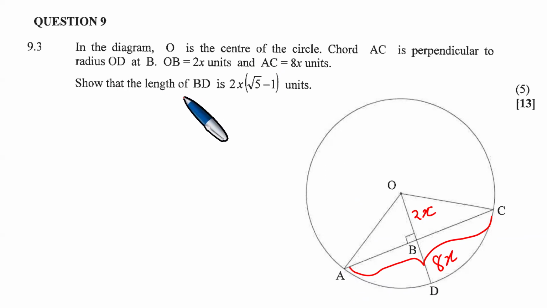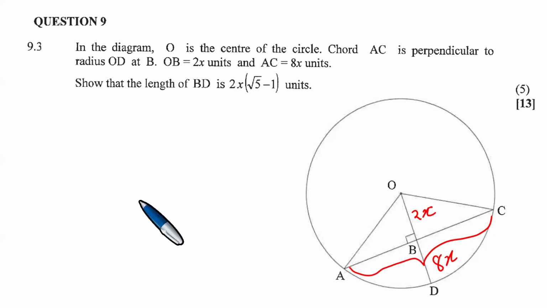Show that the length of BD is 2x, open bracket, the square root of 5 minus 1, close bracket, units. So we show that the length of BD is that one there.